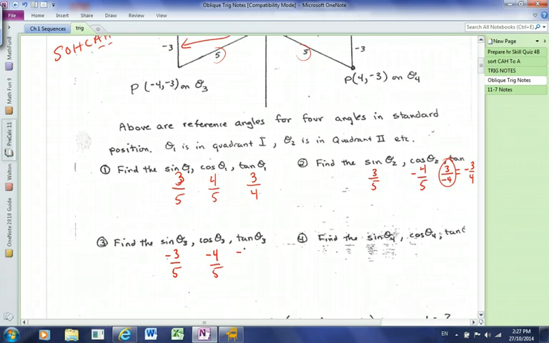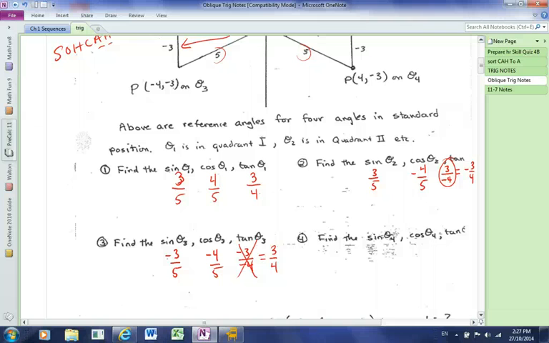And the tangent is negative 3 over negative 4. And you should never, ever write a fraction with two negatives. That's positive 3 over 4. So don't ever answer with that. I'll actually mark it wrong. Okay, so make sure you know that when you divide two negatives, it makes it positive. So the tangent's actually positive there.